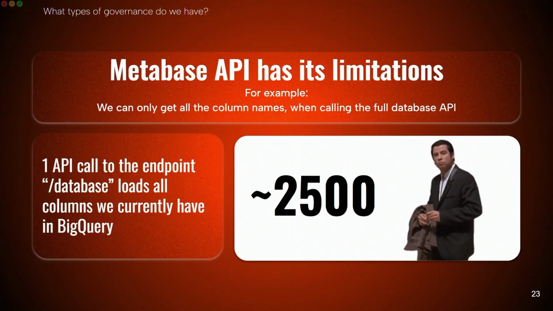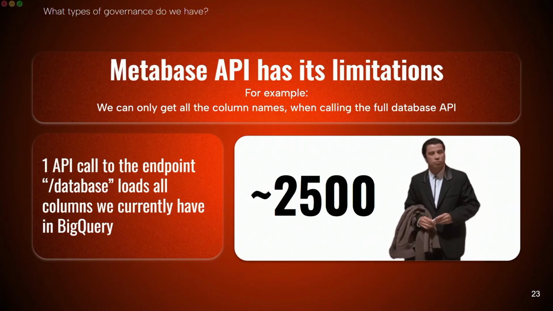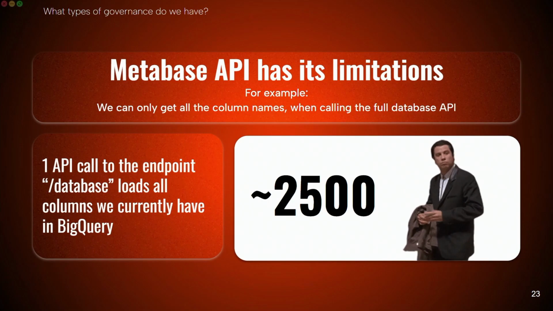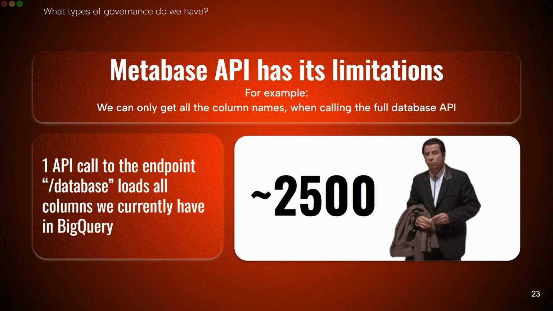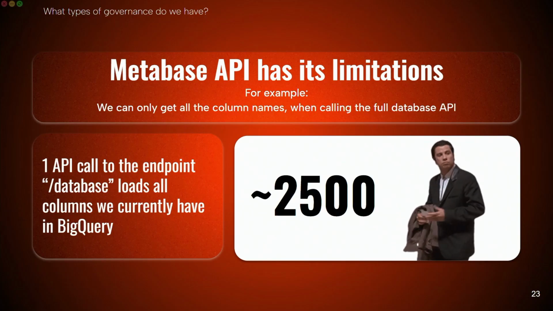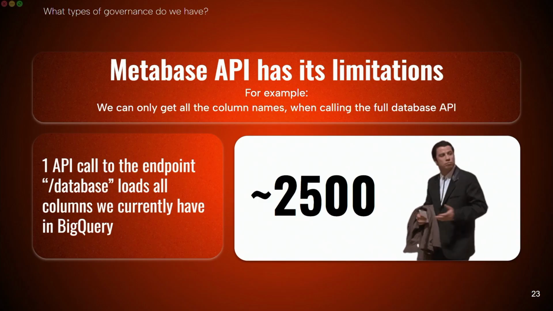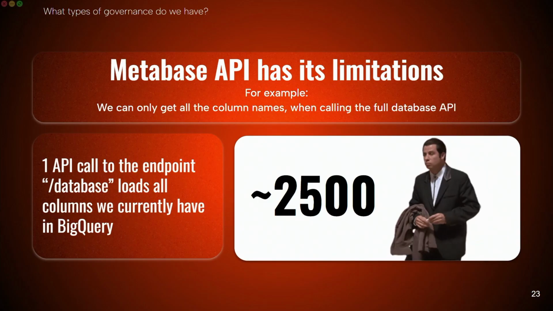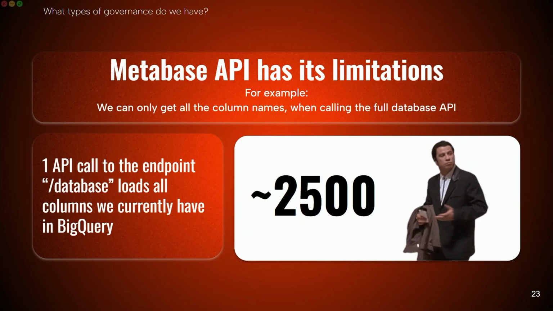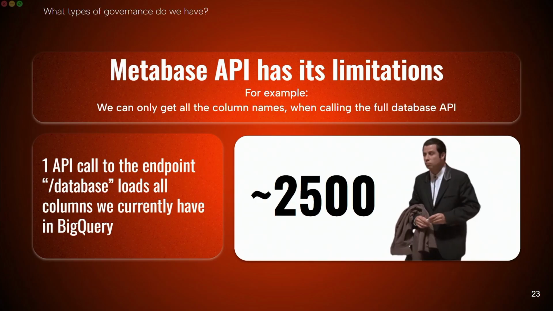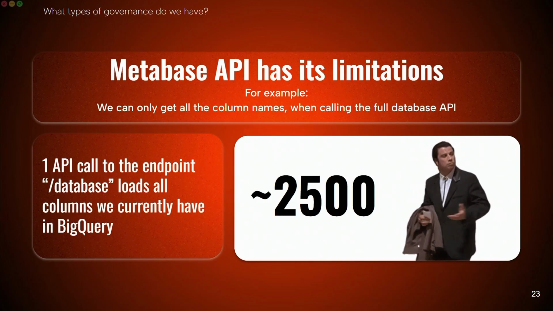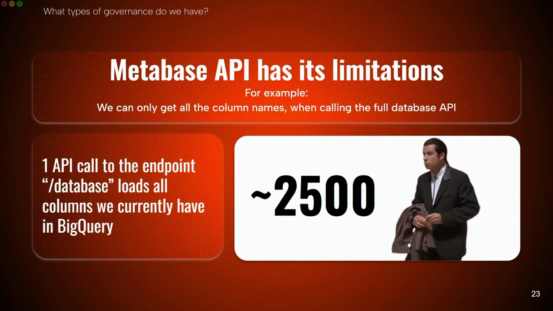We are using the same API, the same access, the same client as we were using for the governance. Obviously, we wouldn't do everything from scratch again, right? But Metabase has limitations, and one of them is the API. We don't have, for example, an API to get the column names in Metabase.